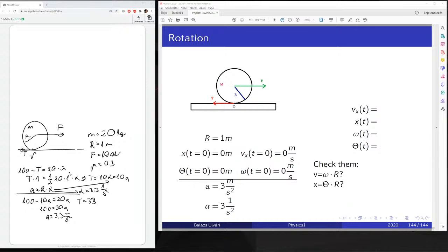And let's check it. Is it smaller or equal than 0.3 times 200, which is 60? Yes, so that was pure rolling.